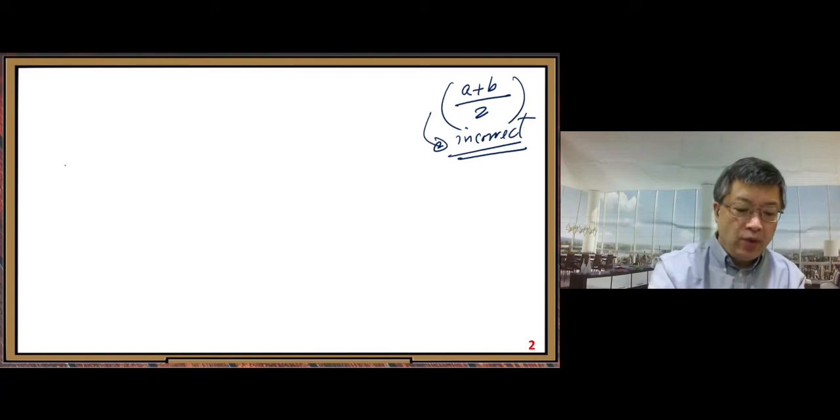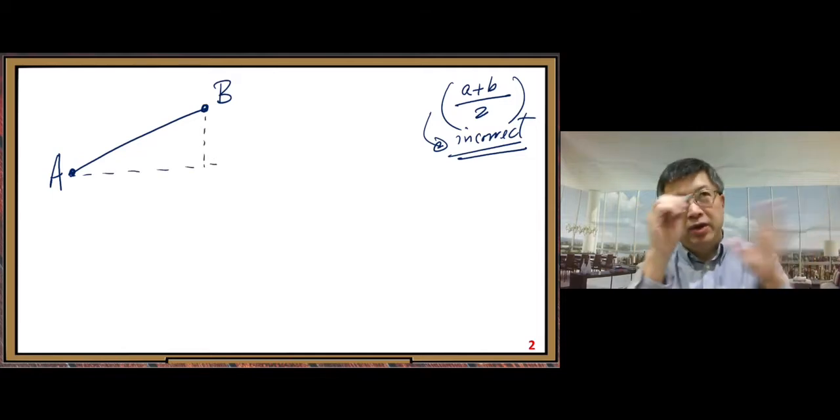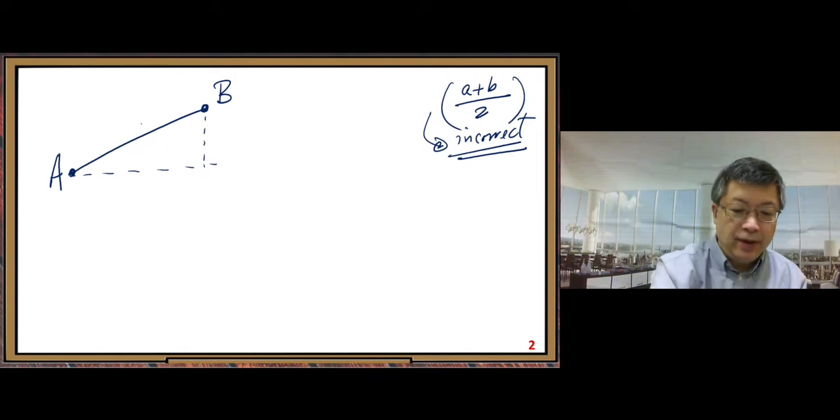Now, we want to travel from point A to point B. Because there is a slope here, suppose we ride a bicycle.